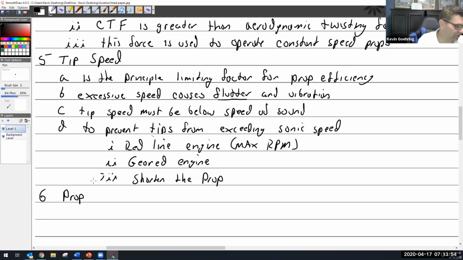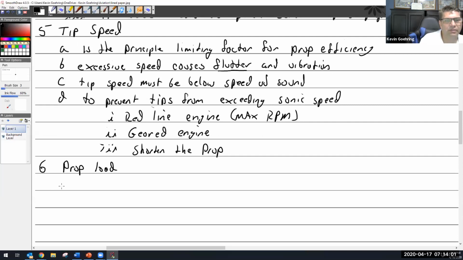Propeller load. This is kind of a fast point here, but for some reason I felt like I wanted to make it when I wrote it. The faster the propeller turns, the more power it absorbs.